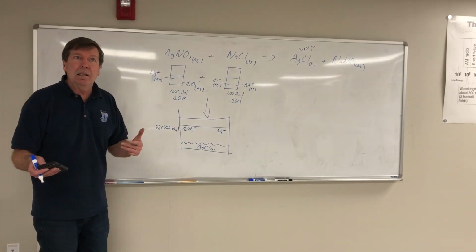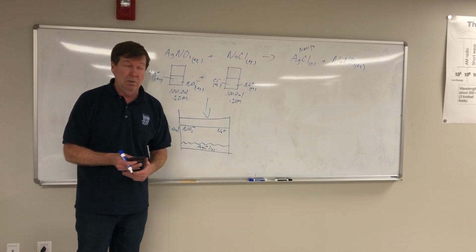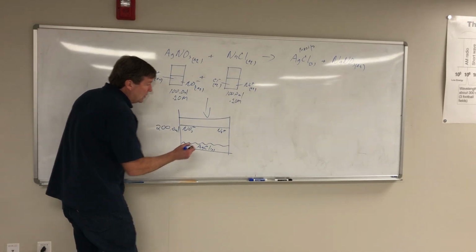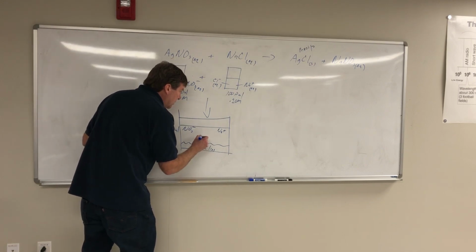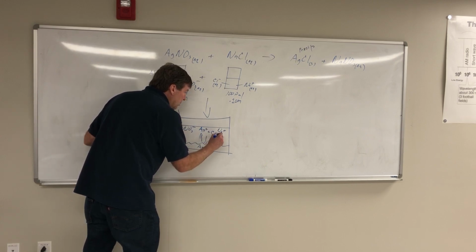Let's get the idea of slightly soluble. Notice, here's the silver chloride. What's going to happen is this will immediately form an equilibrium with Ag+ plus Cl-, and these would be in aqueous amounts.